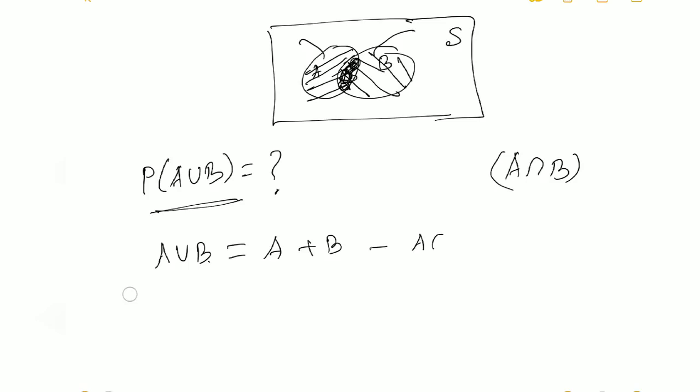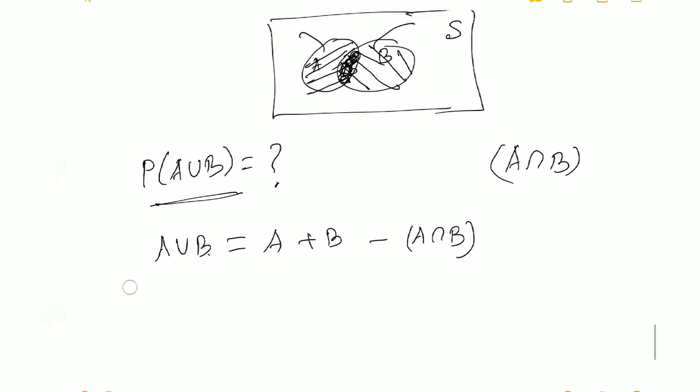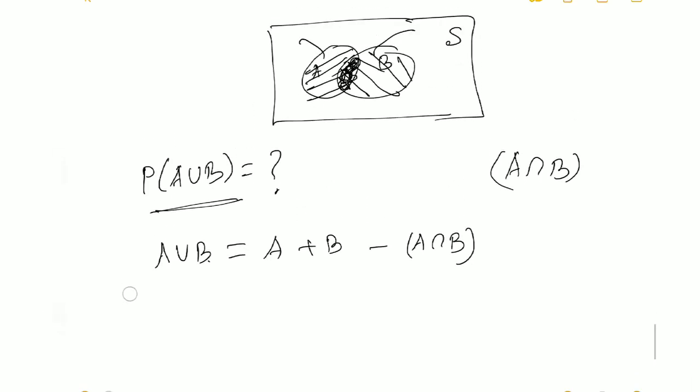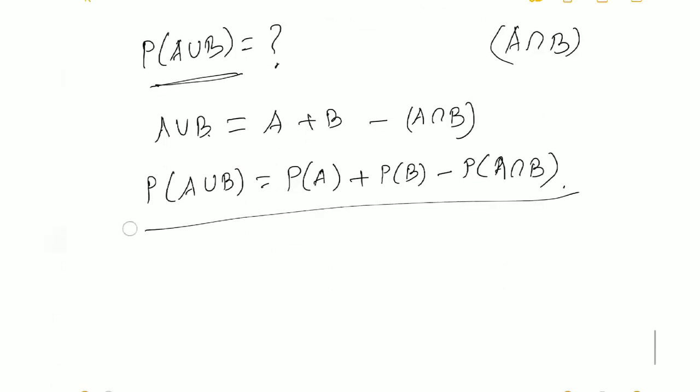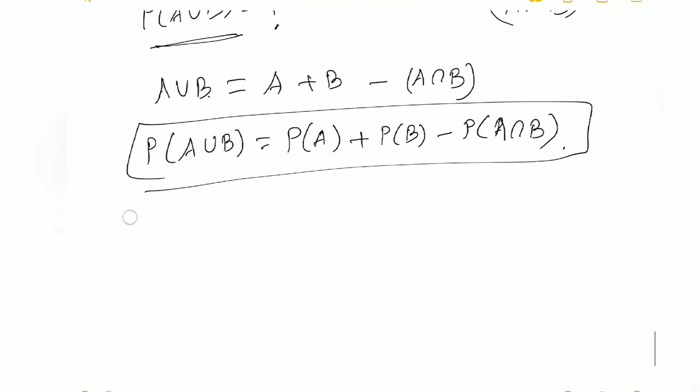So you need to subtract A intersection B once so that you include the whole A union B. As probability is distributive over addition and subtraction as well, you can get the probability like this. Hence you get a formula that way.